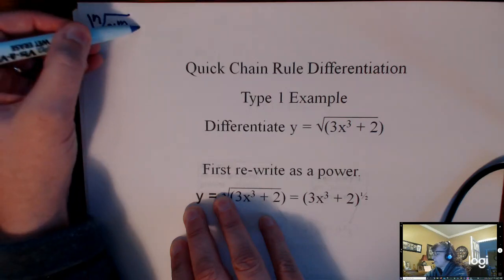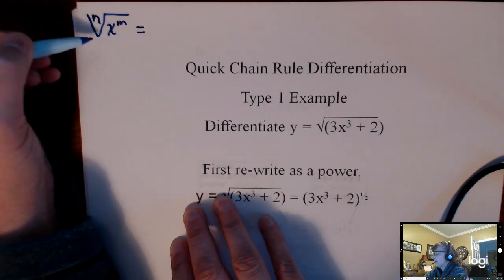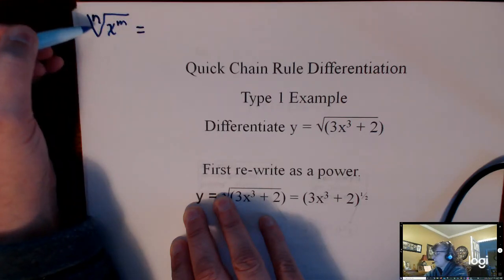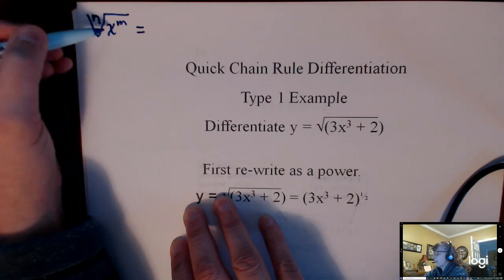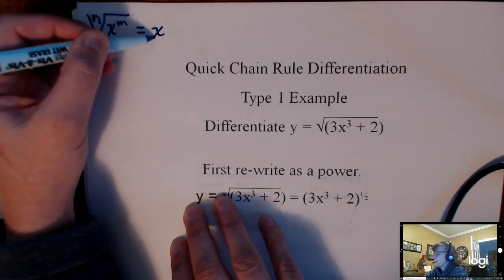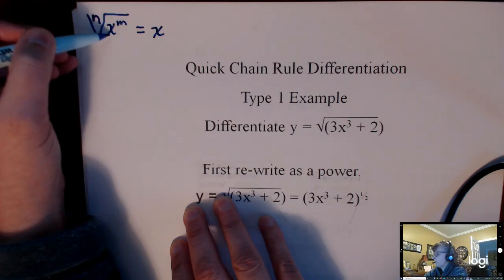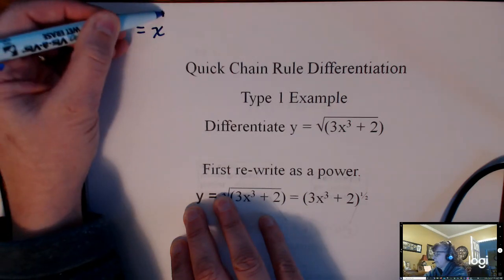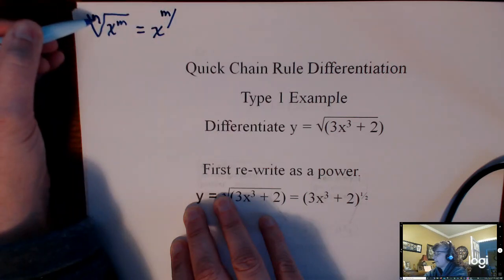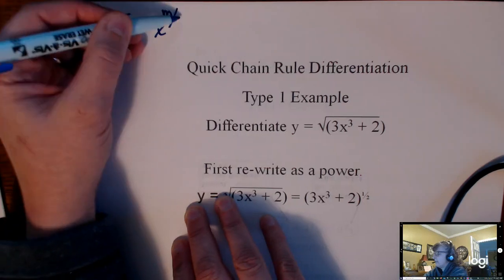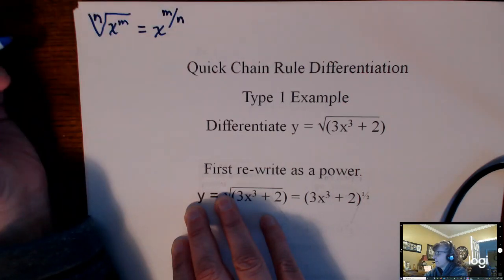You have to rewrite it, as you know, using rational exponents. To rewrite a radical using rational exponents, you take the exponent that is with the number in the radical, and it goes in the numerator, and the number that's the index, which is in this little v, goes in the denominator.